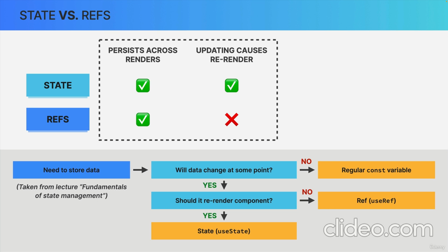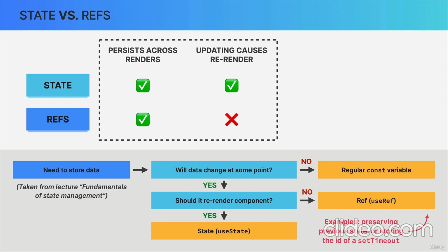Now, back then, we didn't know what a ref was, but now we do. Now, going back to the examples of preserving previous state and storing the ID of a setTimeout, these are pieces of data that we want React to remember between renders, but we don't want them to re-render the UI whenever we update them. And so that's why we use refs for this kind of data.